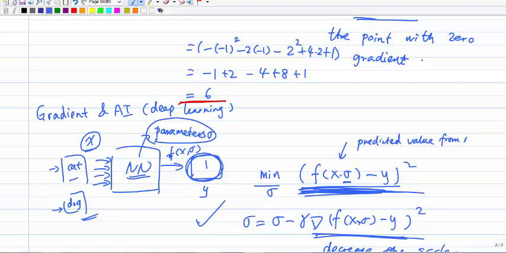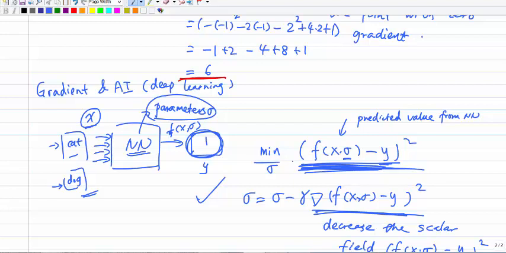from the neural network, and this y is my actual label. For example, if my f tells me this is a 1, which means it's a dog, for example, and this y is a cat, which is bad. If it's a dog, it's the same, so the difference will be 0 when you square it. The whole goal is, I'm trying to minimize the squared difference between the predicted value from the neural network and the actual one.